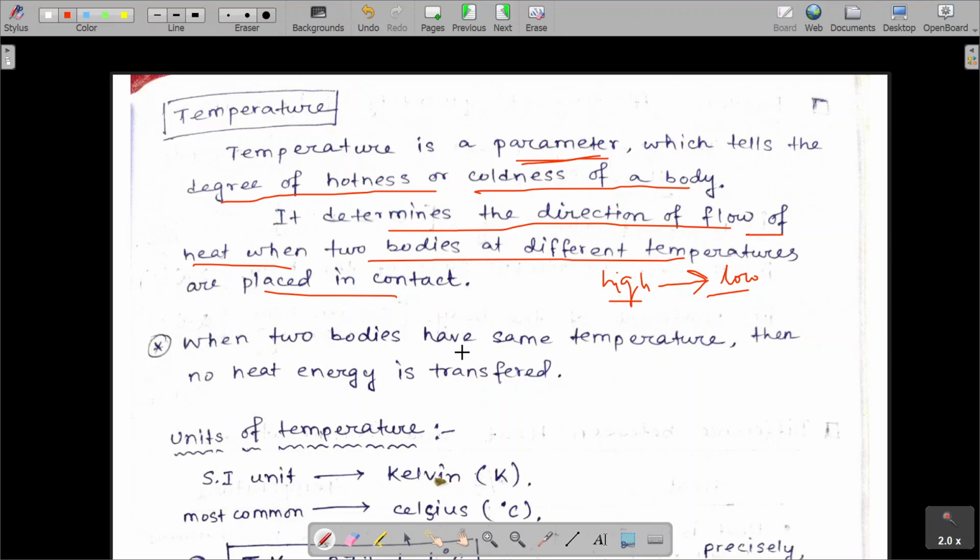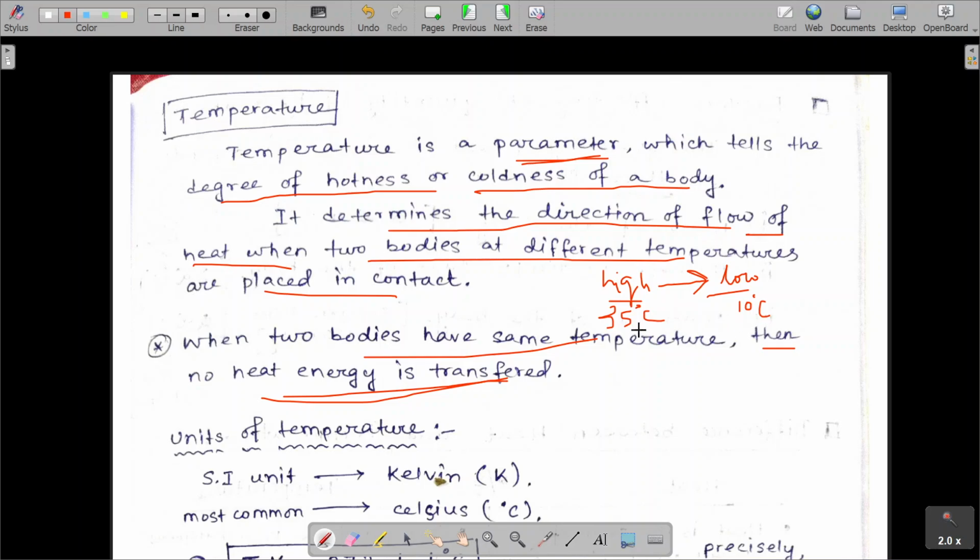When two bodies have the same temperature, no heat transfer takes place. Suppose this is 35 degrees Celsius and this is 10 degrees Celsius. Heat will start transferring from 35 degrees Celsius to 10 degrees Celsius.